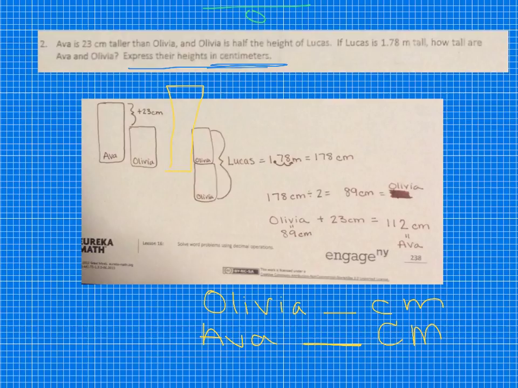So down here, I can write Olivia is 89 centimeters. And then I go back to my picture. If Olivia is 89, Ava is 23 centimeters taller than her. So all I did was 89 plus 23 equals 112 centimeters, and that's Ava's height. 112 centimeters. And then I am done.